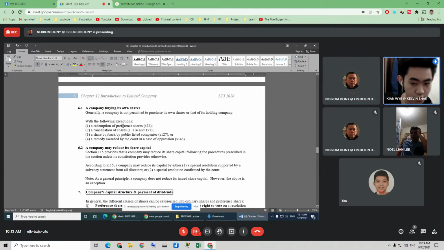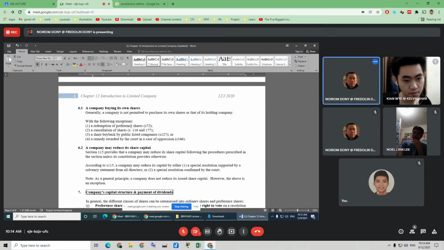Usually not the same price, right? It depends on the agreement between the company and the shareholders. Oh, okay. So if the preference shareholder agrees, and then the company also agrees, then that will be the price. Or the redemption they already set up early already.